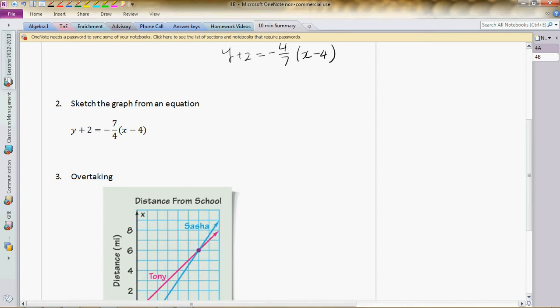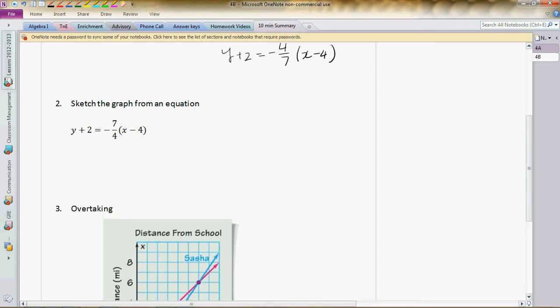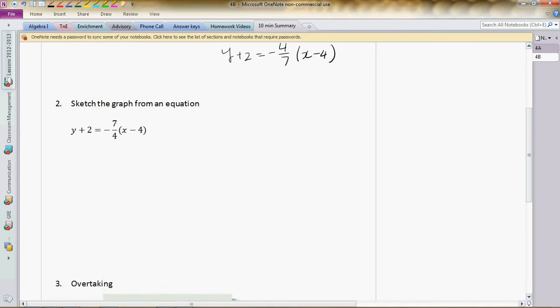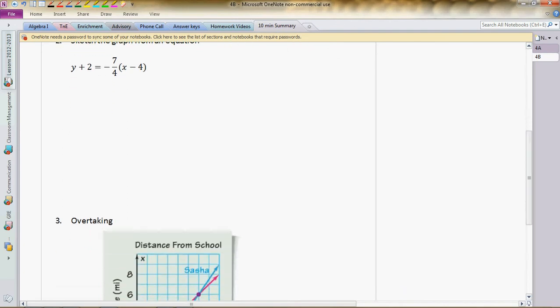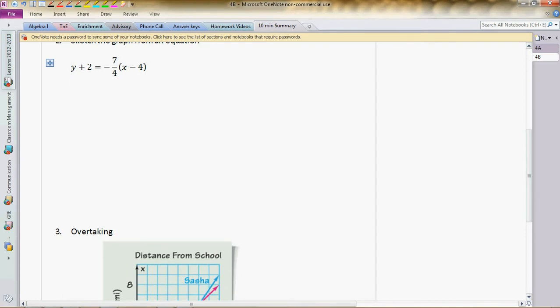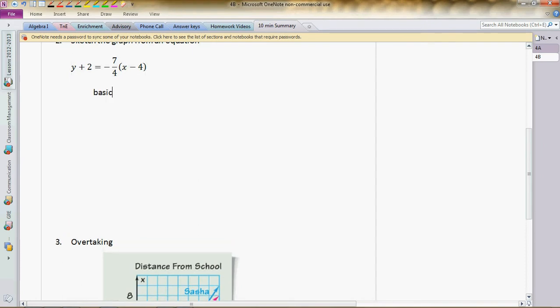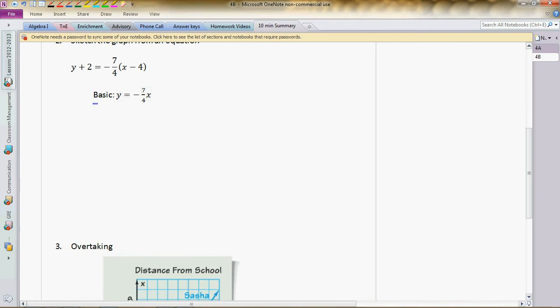So the basic graph of this one is y equals -7/4x. And the -7/4, that's the slope part.